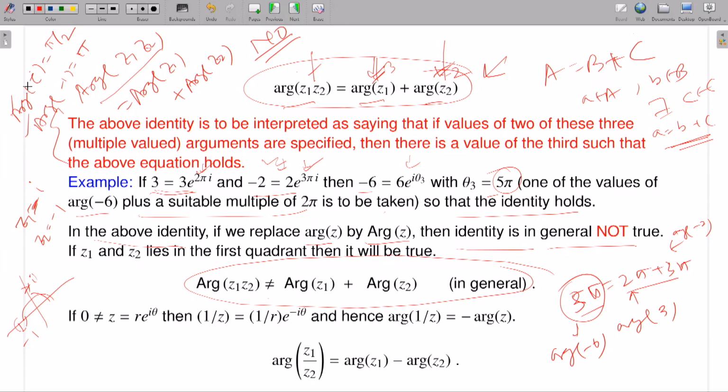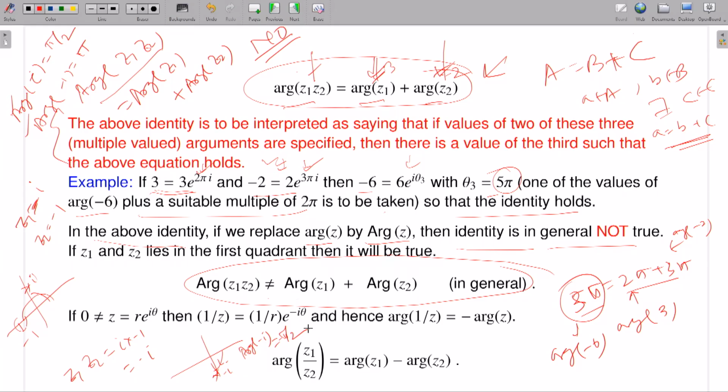But if I multiply Z1 times Z2, what is the complex number? i times minus 1, that means this is minus i. So if I have a complex plane, this is my minus i. What is the principal argument? For the principal argument of minus i, I have to take the angle from the positive real axis, but this time in the anti-clockwise direction. That means this should be minus pi by 2.